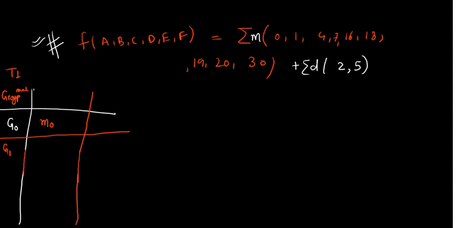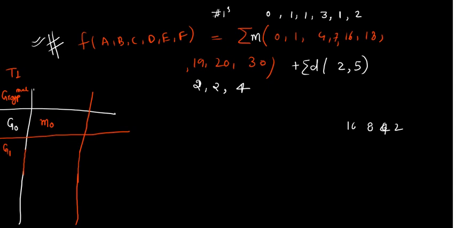So let's write the number of ones. 0, 1, 1, 7, 3, 9, right? 16, 18, 2, 19, 2, 20, 2, 30, 16, 8, 4, 2, 4.